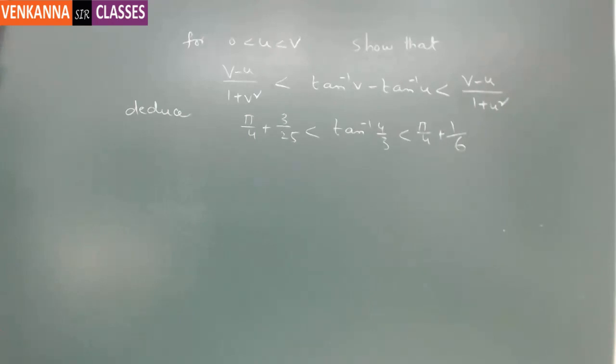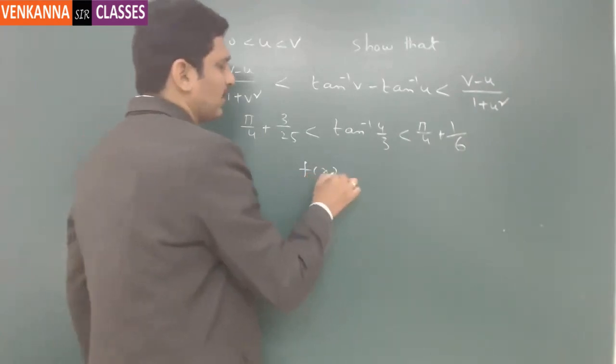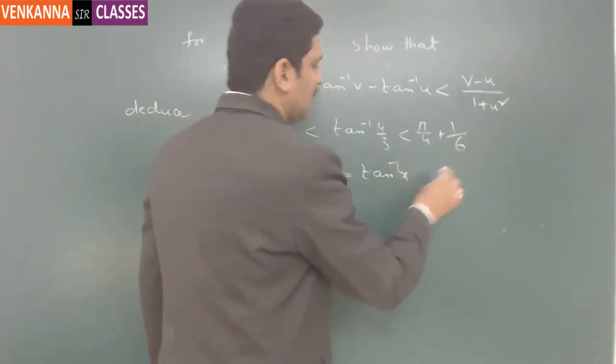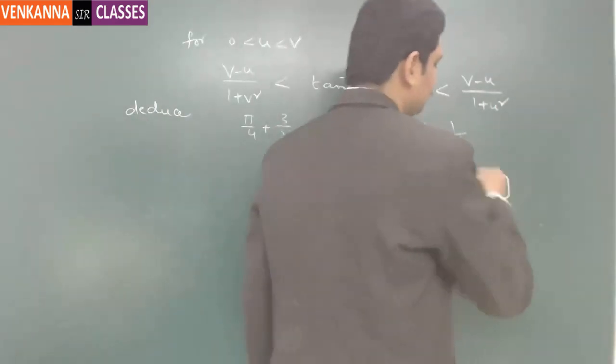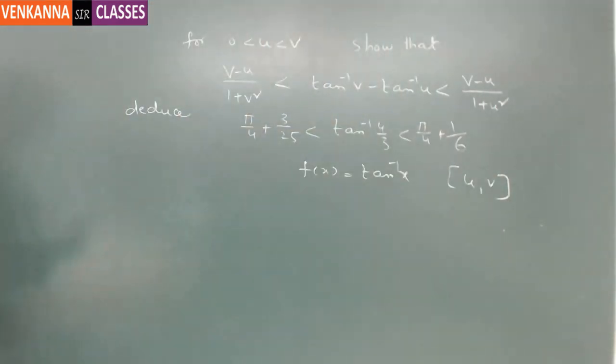Now, while solving similar kind of problems, one interesting thing to be noted is whenever you have an inequality involving one single function, there we use the technique of Lagrange's mean value theorem for the majority of cases to prove it. So here the function appears to be tan inverse x. So we take the function f of x equal to tan inverse x on the interval u comma v, where u is less than v and both are positive.